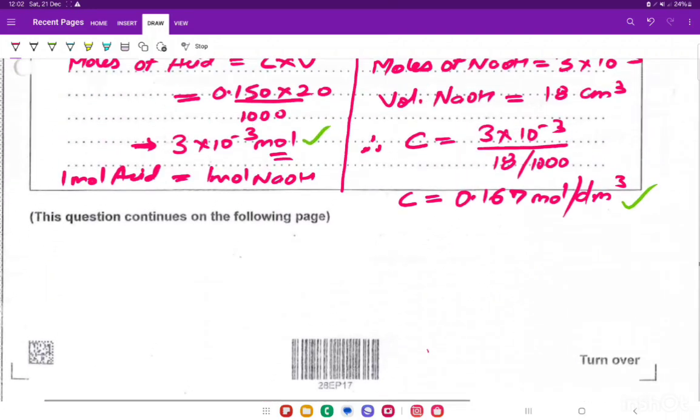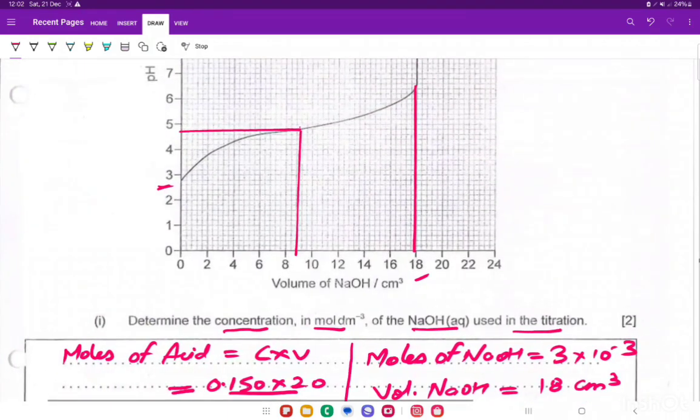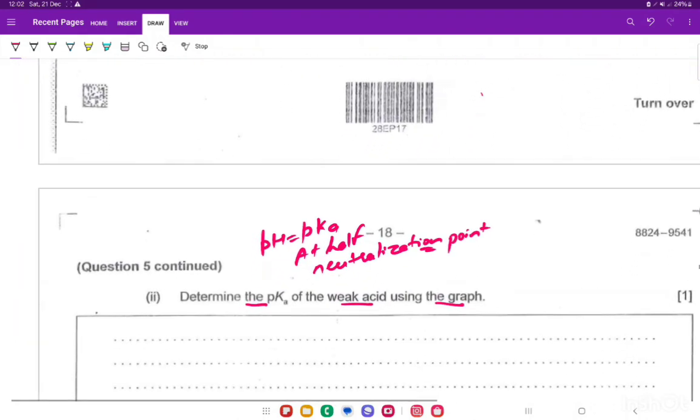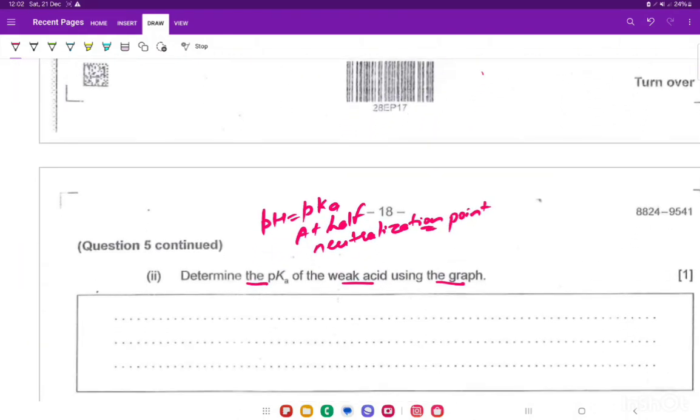I had plotted a half neutralization on the graph. The neutralization point is at 18, so the half neutralization point is around 9, and the corresponding pH is around 4.7 or 4.8. Therefore, my pKa will be equal to the pH, which is 4.7 or 4.8.